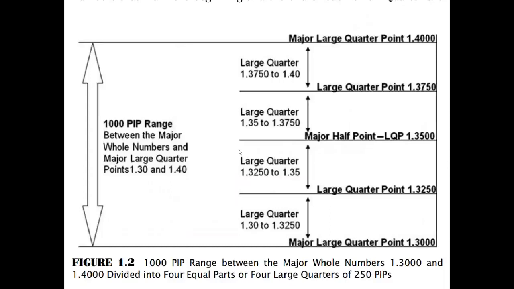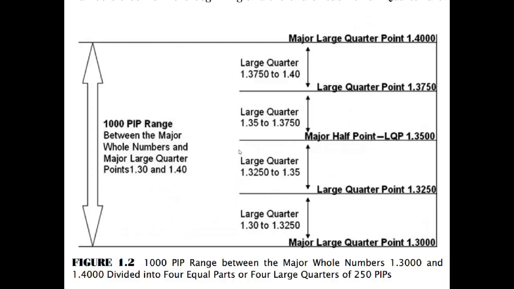Most support and resistance systems have some type of set number, like 1,000 pips. For quarters theory, it's 1,000 pips. So you would pick 1.4 and 1.3, probably on GBPUSD or whatever. So 1.3, 1.4, that's 1,000 pips.